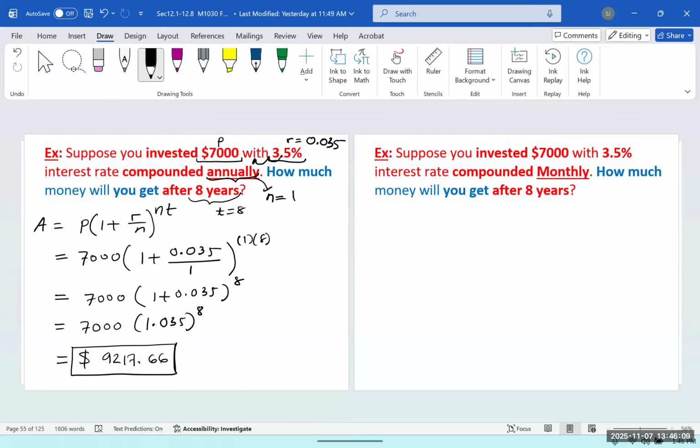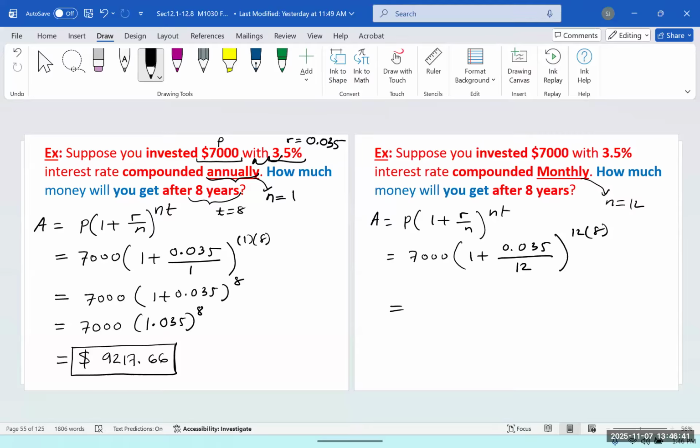So if you do it monthly, it means how many times you're doing it? 12 times. The same formula, the only thing different is the n, not 1 anymore, it's 12. So A equals P times (1 plus R over n) to the power nt, 7,000, 1 plus 0.035. You're dividing by 12 and 12 times 8.